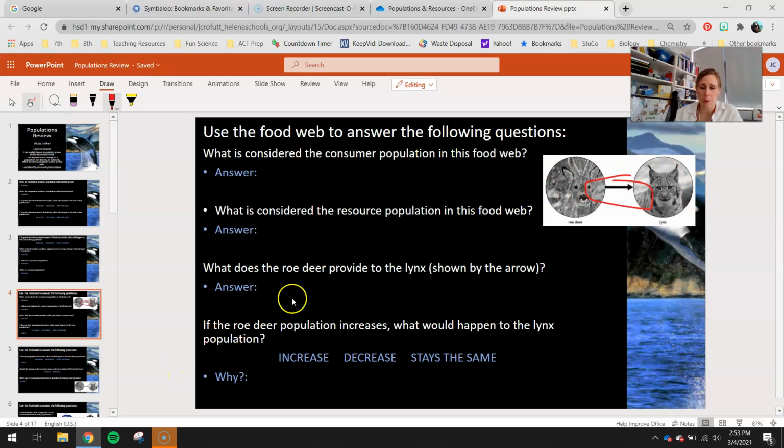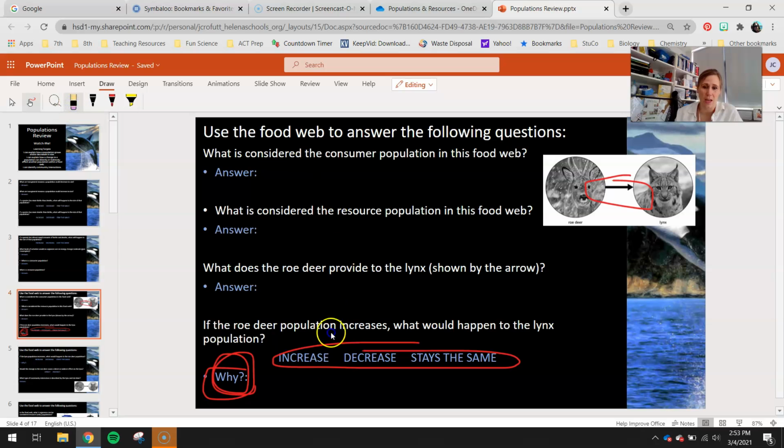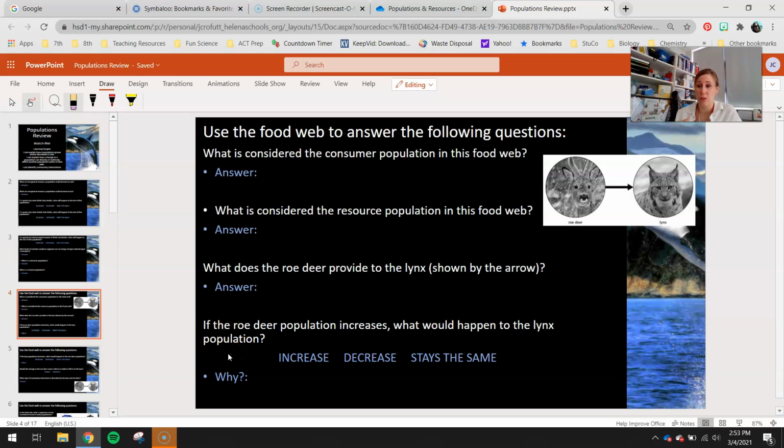And then if the roe deer population increases, what would happen to the lynx population? So circle either increase, decrease, or stay the same. And then don't forget to explain why you're going to see that trend. This is all predator-prey relationship, so this is that same fluctuation that we've been talking about through this whole thing. If our prey increases, we're going to have more predator to eat around.